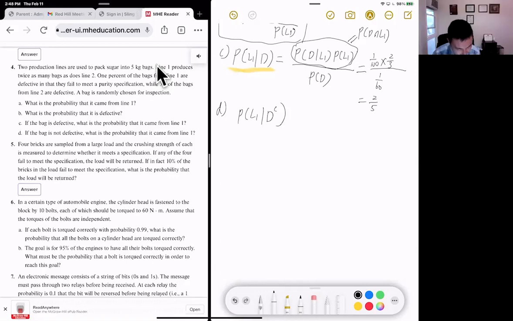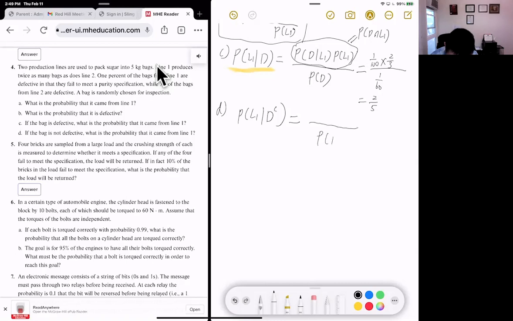Let me double check that. This is the conditional probability. Bayes rule is talking about exhaustive and exclusive events. So yeah, under this condition, L1, L2 are exhaustive and exclusive events. So P(L1 given complement of D). Basically we use the same equation as in part C.